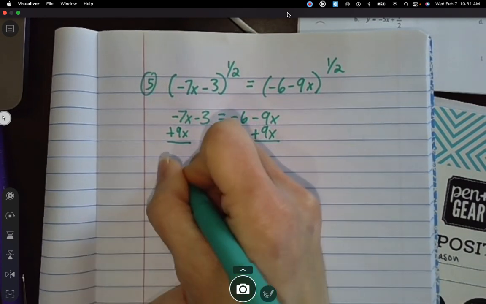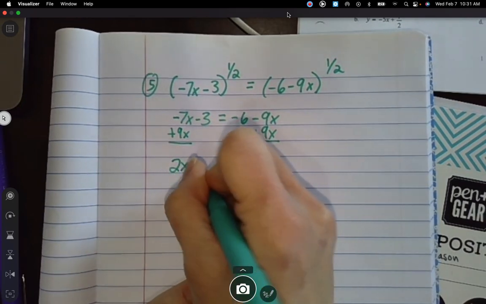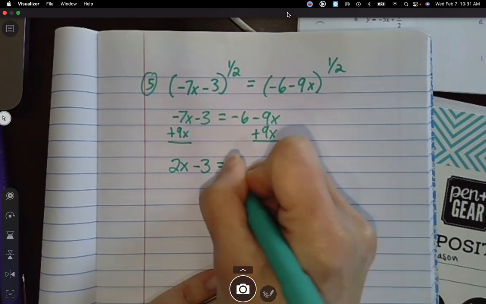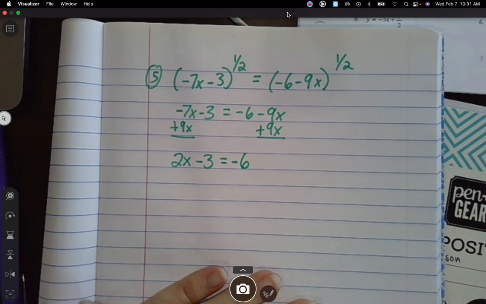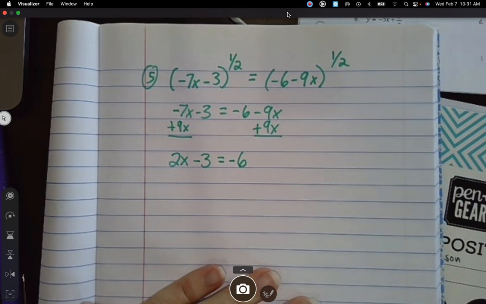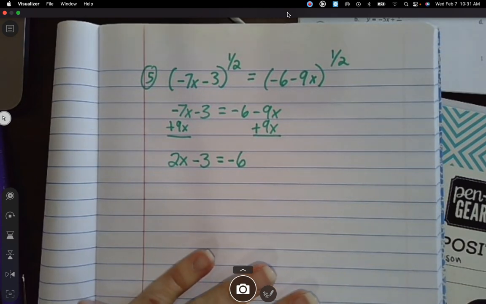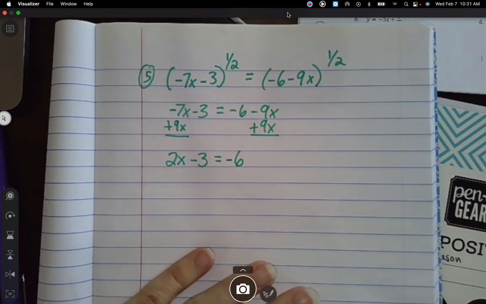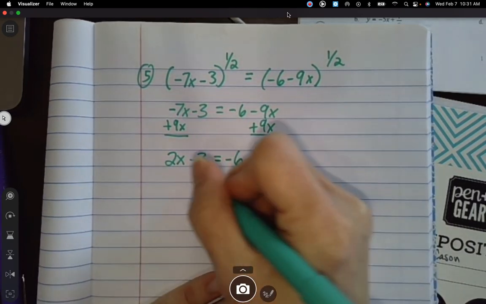So over here, I get 2x minus 3 equals negative 6. Is everybody okay with that one? Maybe, yeah. So all I did was I moved my 9x. Now it's looking more like Algebra 1, the easier stuff. How do I solve for x? Add 3.